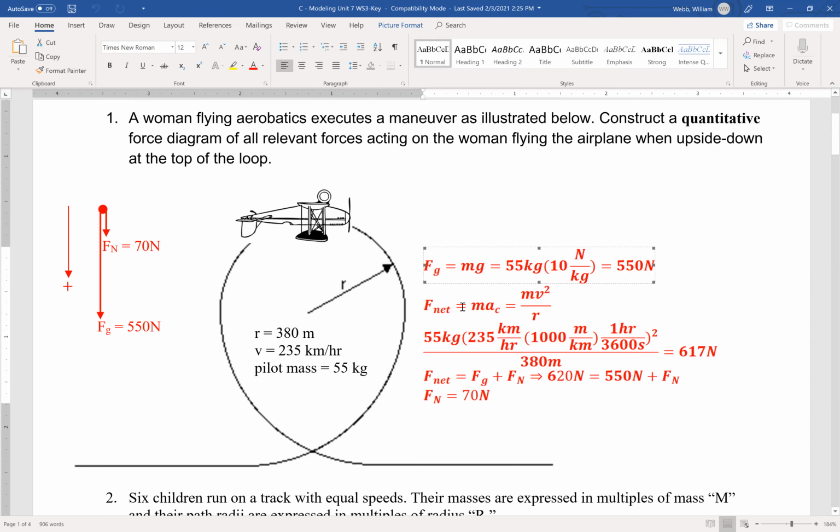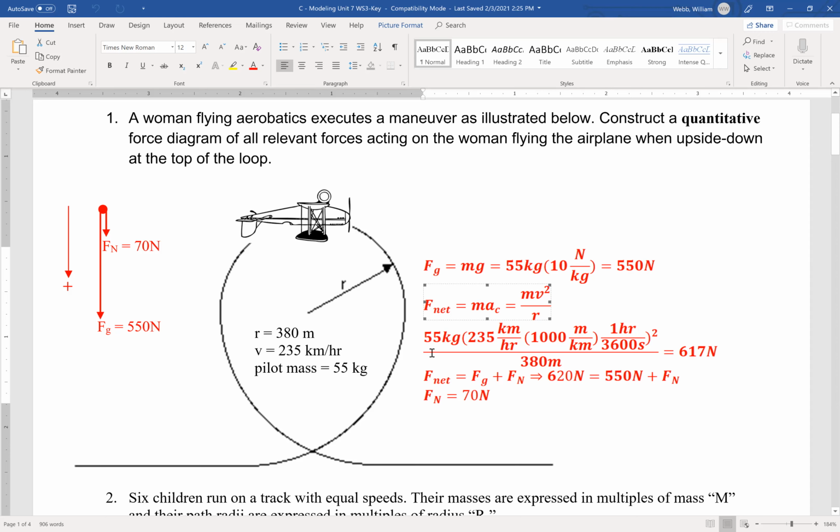Then they've determined that the net force, because the plane and the woman are moving in a circular pattern, would be centripetal. And centripetal force is mass times acceleration, but very specifically, the centripetal acceleration. And we know centripetal acceleration is v squared over r. So the net force or the centripetal force would be mv squared over r.